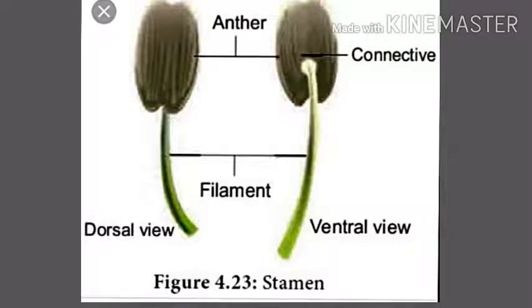Second one, connective. Two anthers are connected with each other by means of the strips of the sterile tissue. It is known as connective.